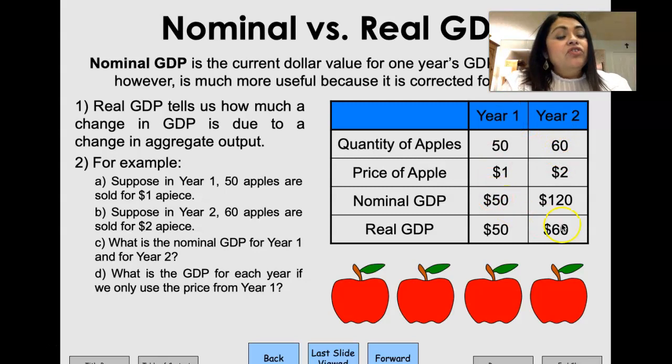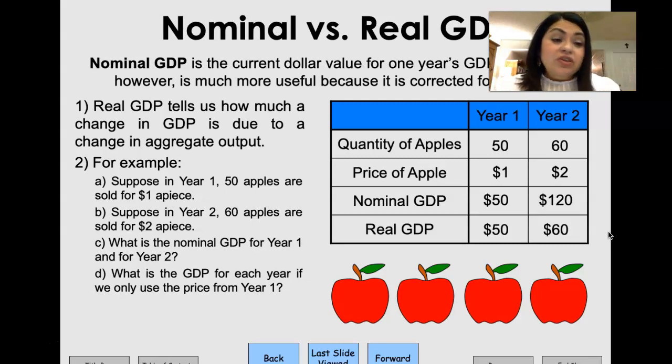Okay? So what you do is you take the year 2 quantity, which is 60, and you multiply it times the price in the first year. So that means that in year 2, your real GDP is $60. So GDP only grew by $10. That's a more accurate picture of production in this scenario.